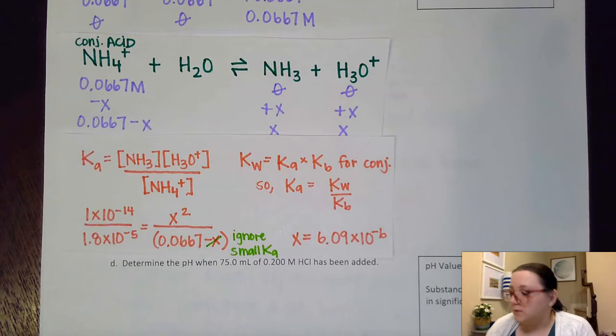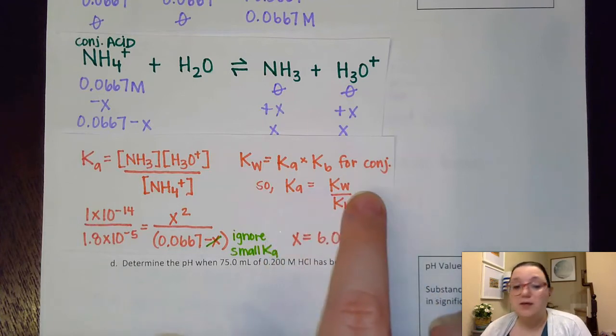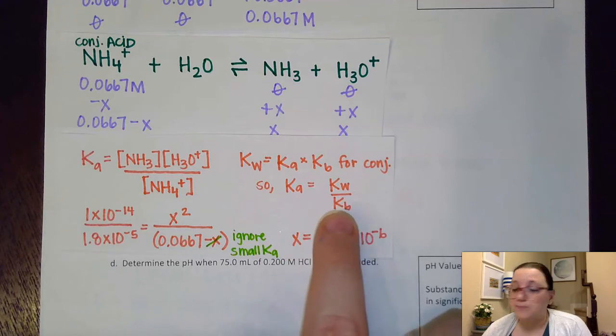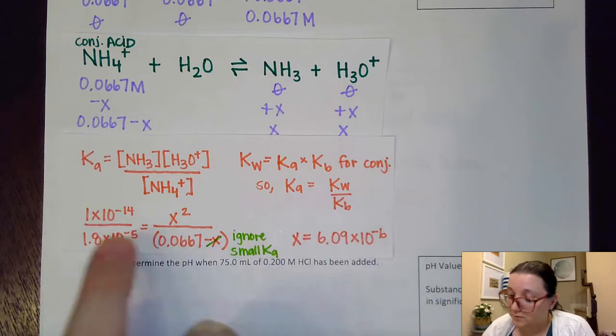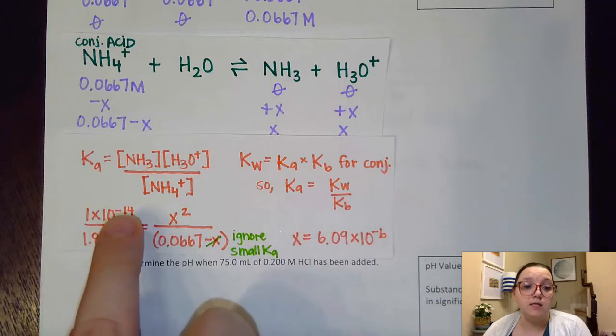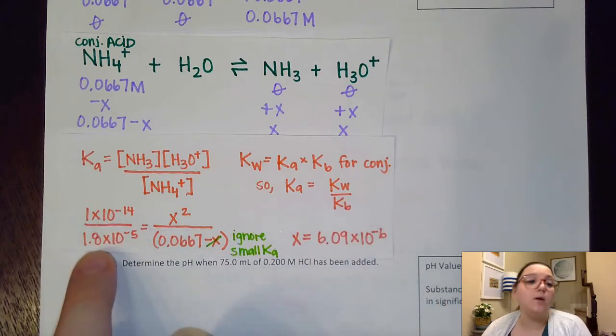So if I do a little bit of rearranging here, I can solve for Ka. Ka would simply be the Kw over the Kb. Since the temperature wasn't given, I assume we're at 25 degrees Celsius, which means over here for Kw, I can plug in 1 times 10 to the negative 14th divided by the Kb, which was the 1.8 times 10 to the negative 5th that they gave me in the problem.